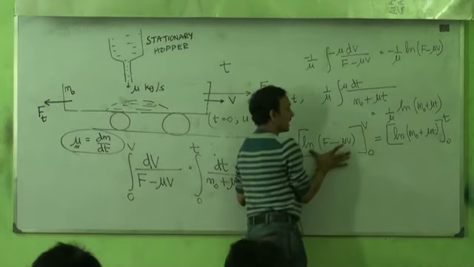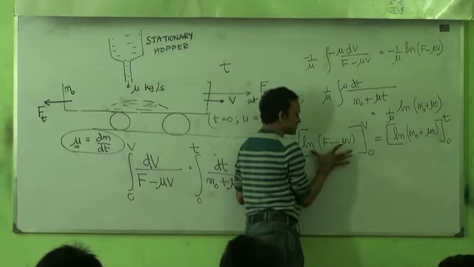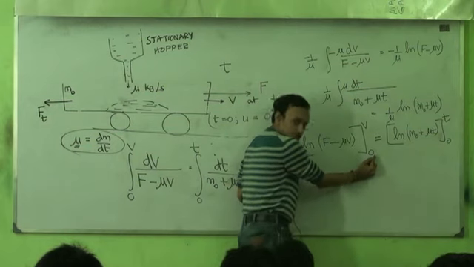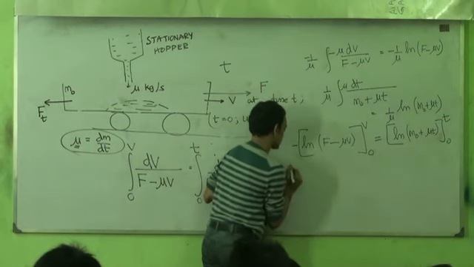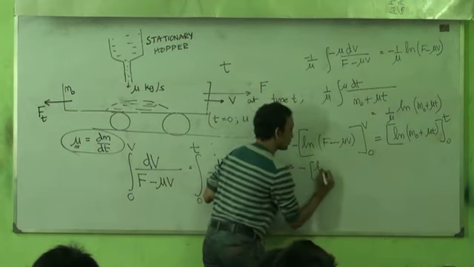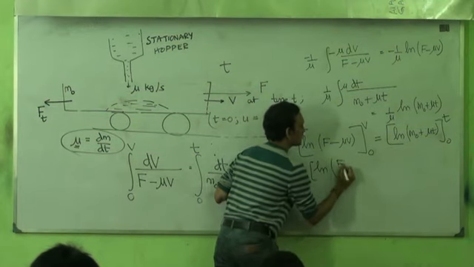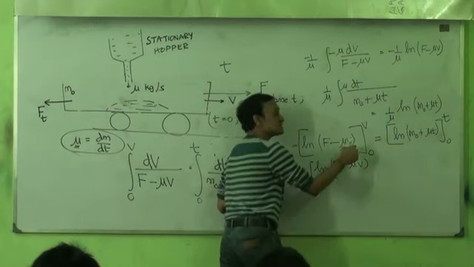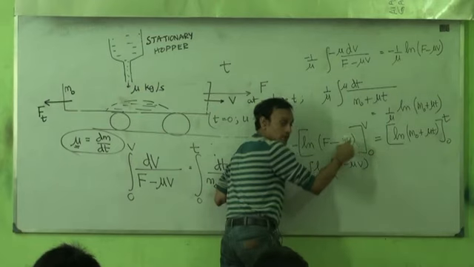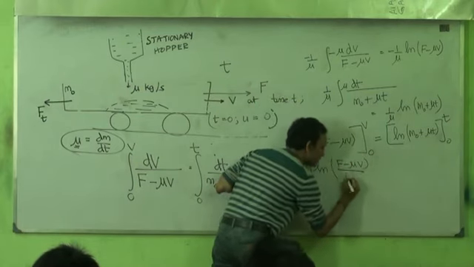So, the value of this at v equal to v minus the value of this at v equal to 0: log of F minus mu v minus log of F minus 0. But log a minus log b is log of a by b.